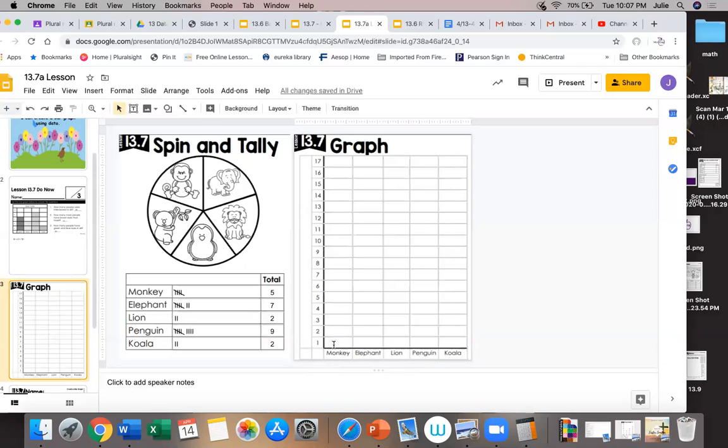This is a vertical bar graph. So I'm going to draw my y-axis, which is the line that goes up and down. This is called the y-axis. It goes up and down here. And my x-axis goes across. That's where my categories are.